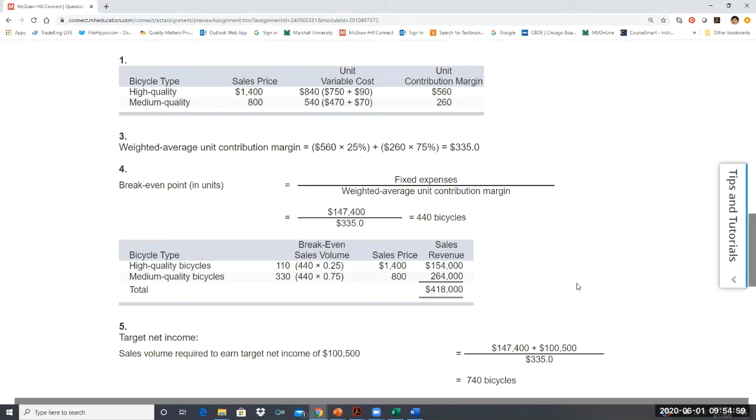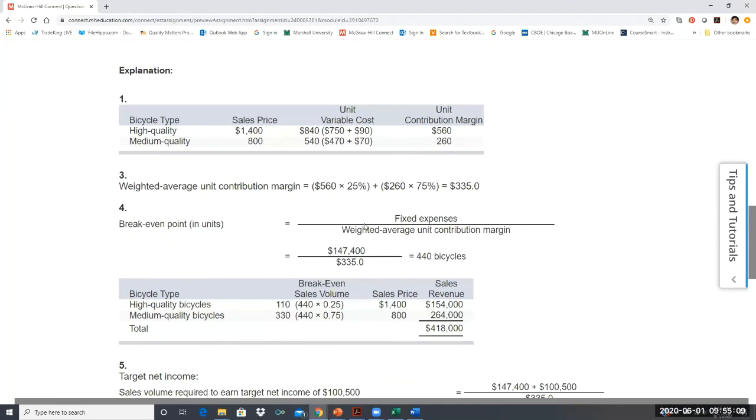It's the same formula except that it is divided by the weighted contribution margin, and then you split it into 25% and 75% relative sales to get your sales revenue for each bike. Questions? Any questions, please?